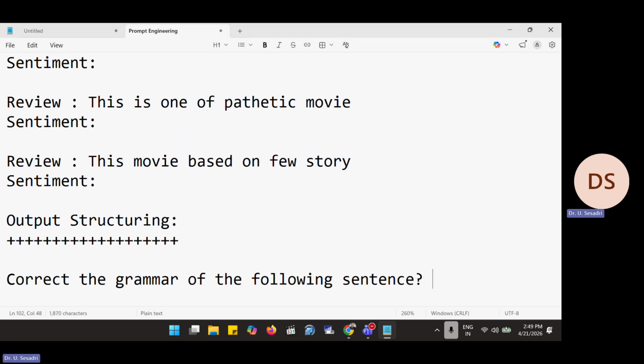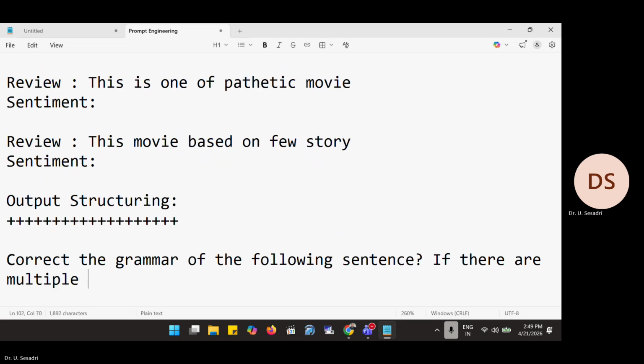If there are multiple correct options, give them in a numbered list.